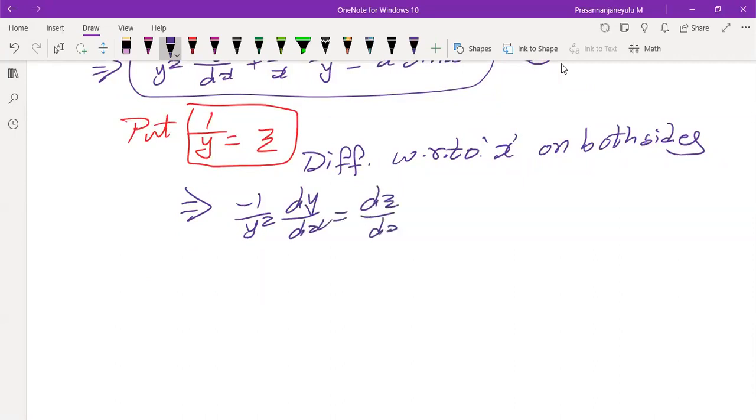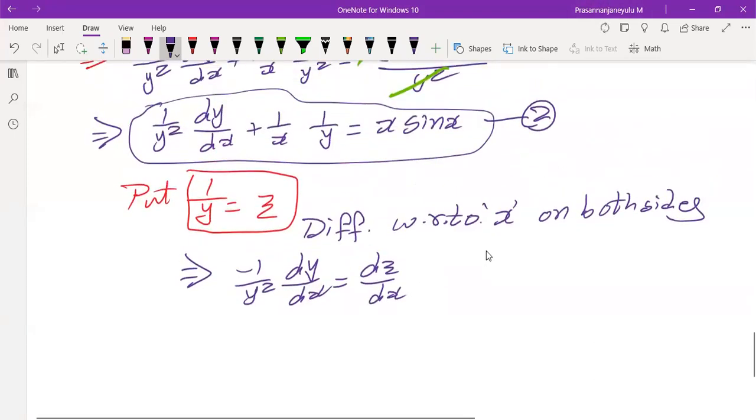Now, according to our discussion, the left hand side should be exactly like the differential term available in equation number 2. In equation 2, what is the differential term that exists? The first differential term is 1 by y square into dy by dx.